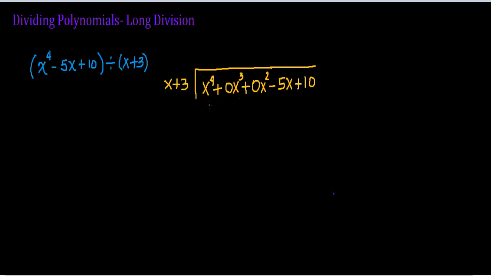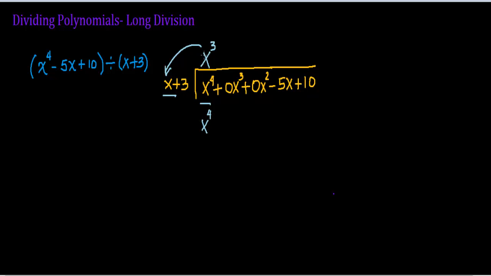Let's start dividing. We look at the first term in the dividend, and we look at the first term in the divisor. And we ask ourselves, x times what will give me x to the 4th power? Well, that will be x to the 3rd power. x to the 3rd power multiplied times x will give you x to the 4th power.